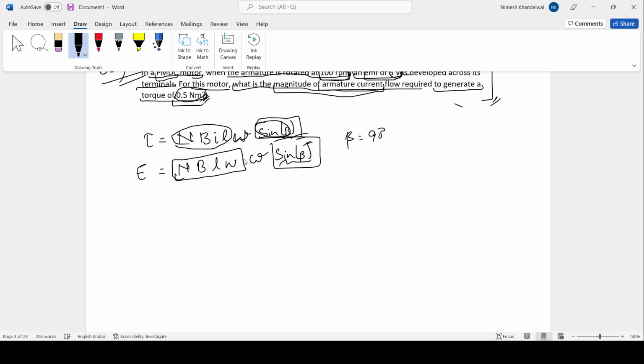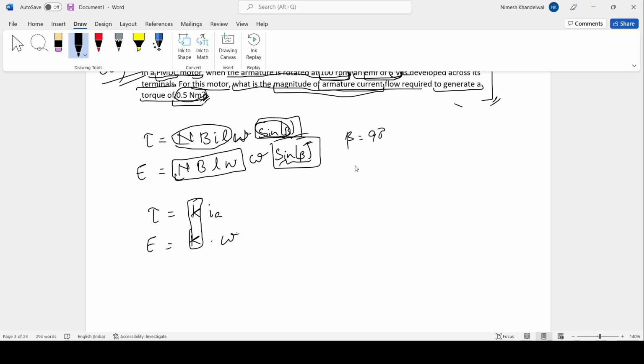Basically, you can put these as one. So what you get is basically an equation like this. Your tau is K times I_A, that is your armature current, and your back EMF E is the same K times omega, right? Now you can see these are the same constants.